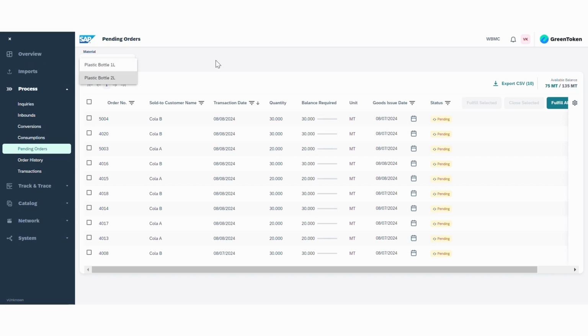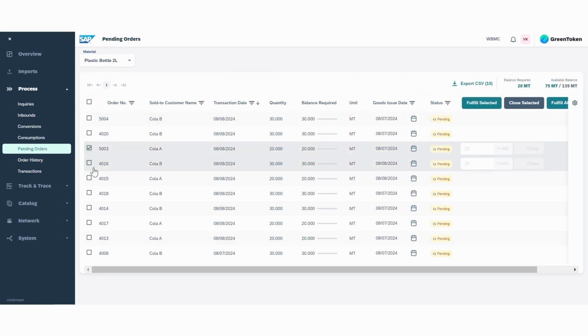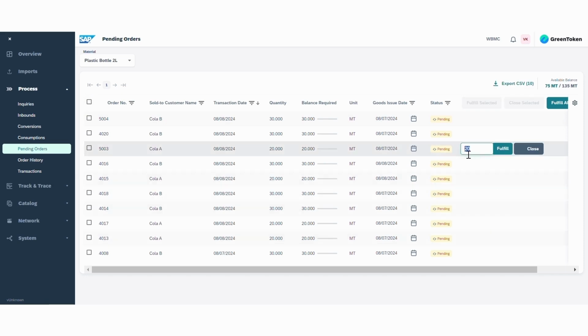Here we can select a material, and we can choose to fulfill all of the orders if we have the required stock, or we could select only certain orders and choose to fulfill those. In this case, we want to fulfill a particular order, but we can here select a different quantity of sustainable stock that we use to fulfill this.